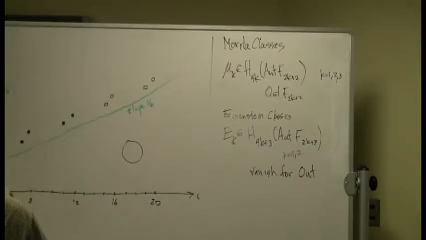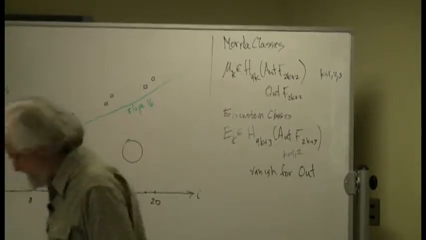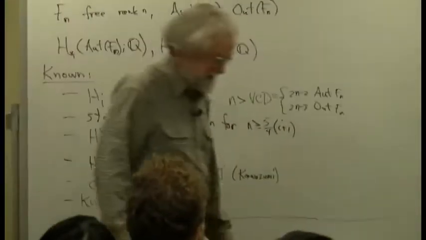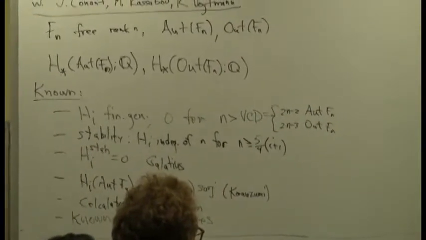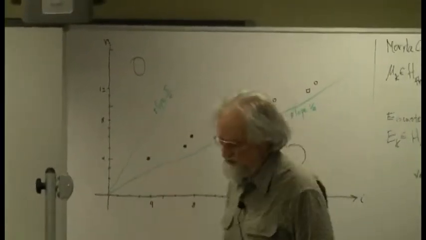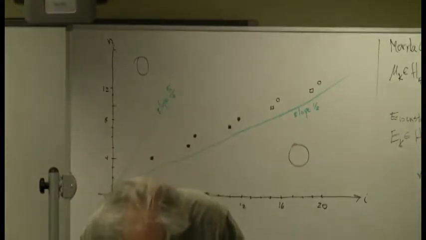So these are computer calculations, and they've been pushed about as far as they can go. I haven't been involved myself in them except in the very first one that Karen and I did. Morita also showed the first one was non-zero earlier.